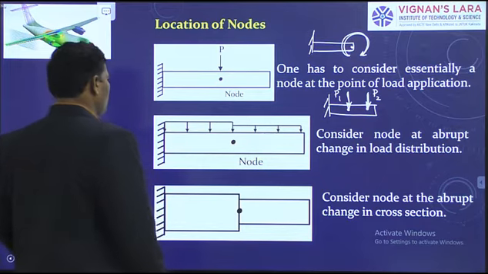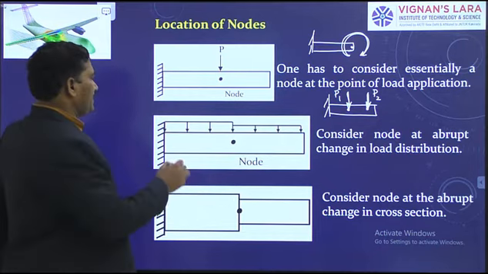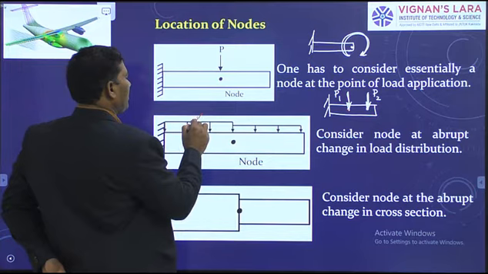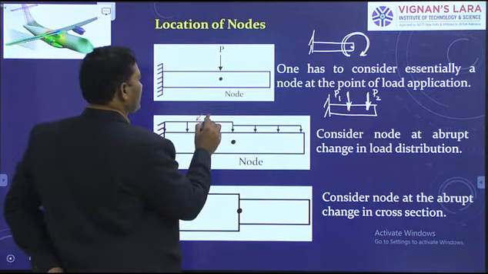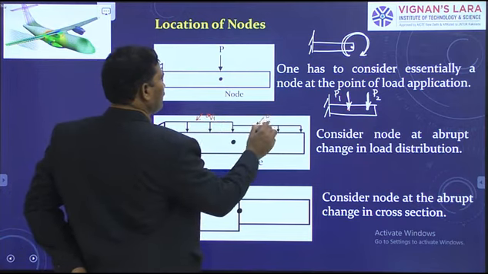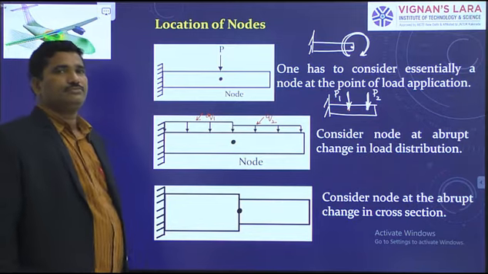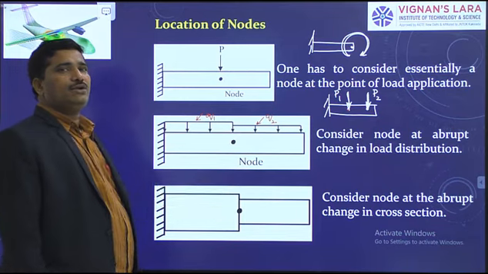The load intensity of this distributed load is, say, Q1. The load intensity of this distributed load is Q2. Right? We don't have any concentrated load here.